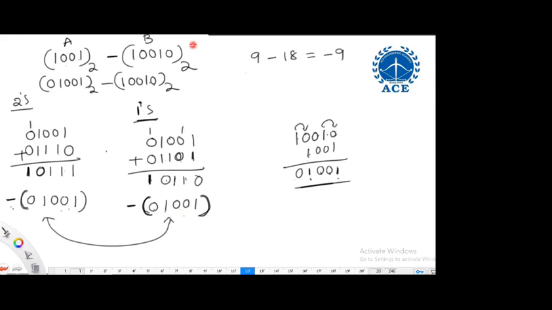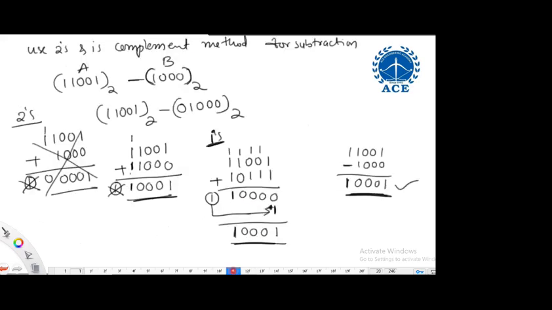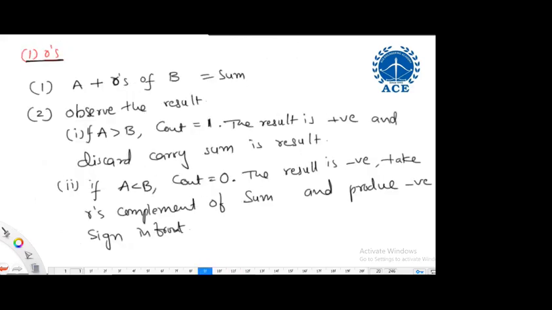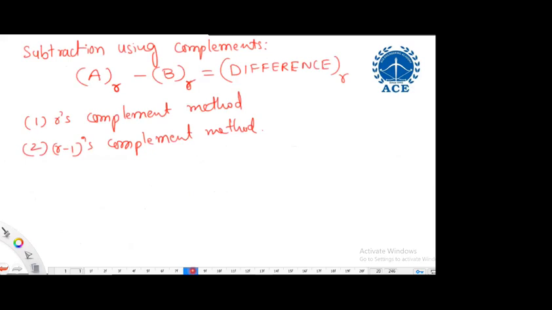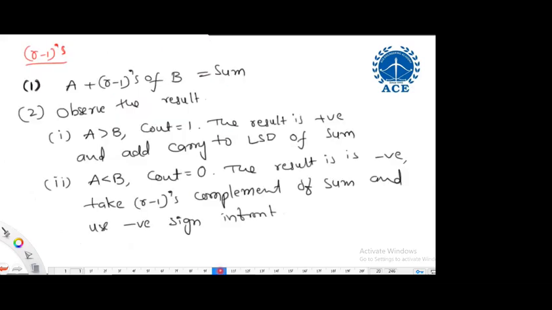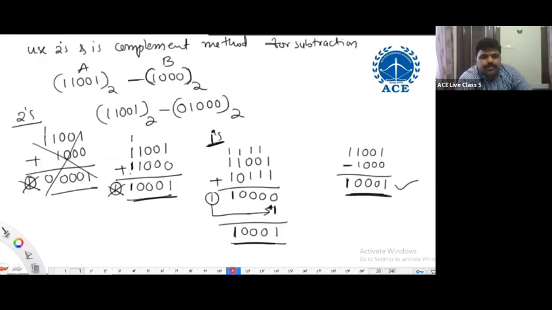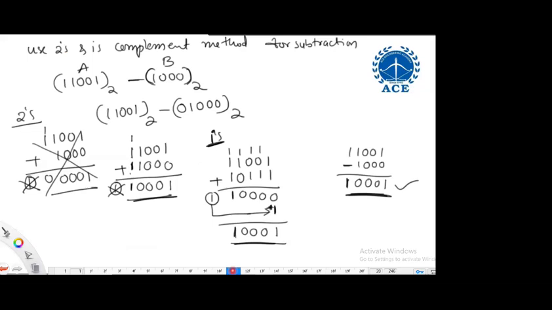Sir, in the previous question, the number of bits was unequal. There we can do the process: first complement the number having the negative sign and do sign extension, right, sir?